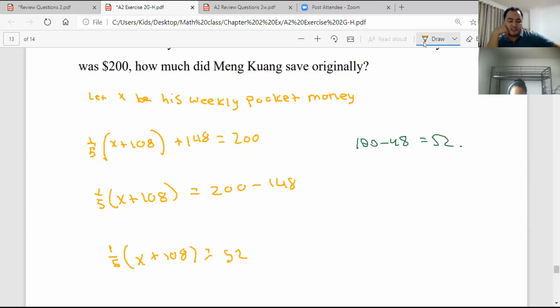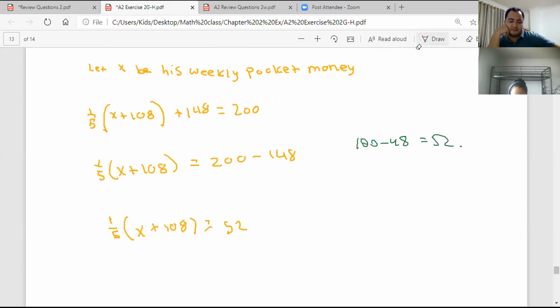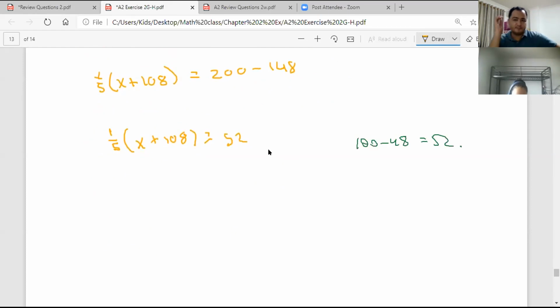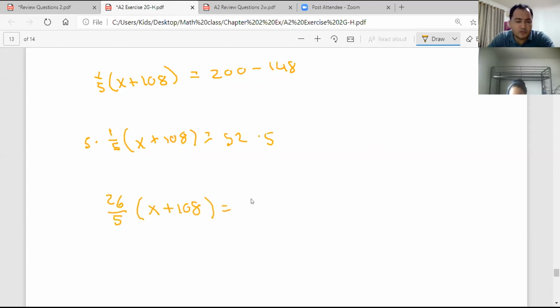Okay, now multiply both sides by 5. 5 times 1 over 5, that is 26 over 5. What is 26 over 5?